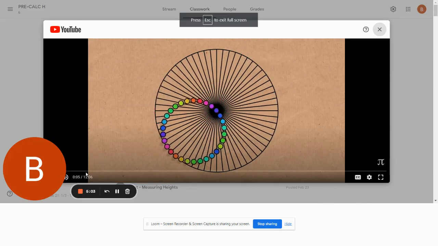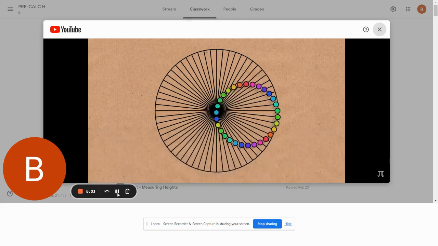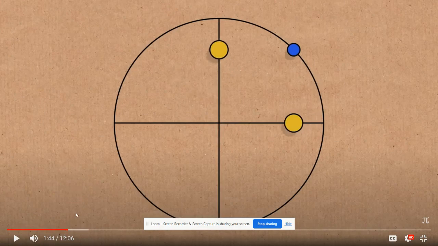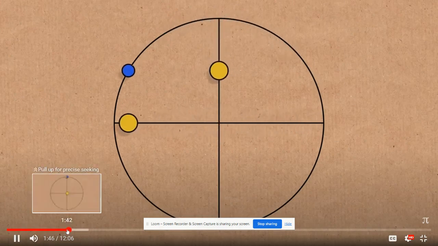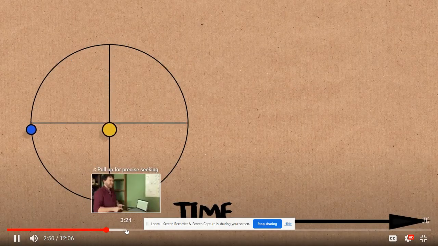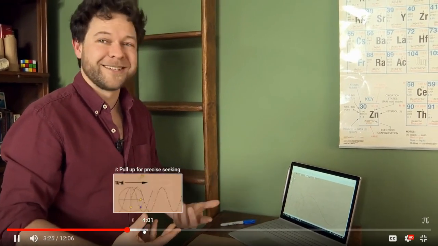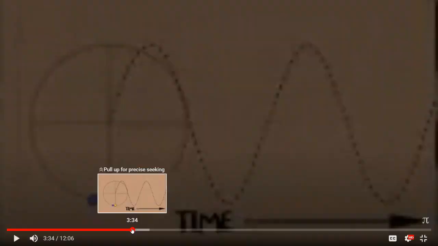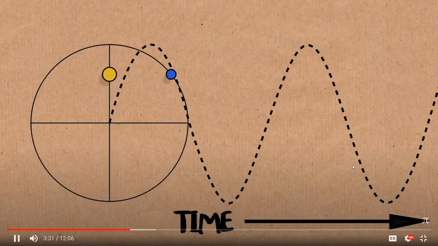Okay, so we saw this part the other day, right? So we saw all this where he was talking about the vertical motion.